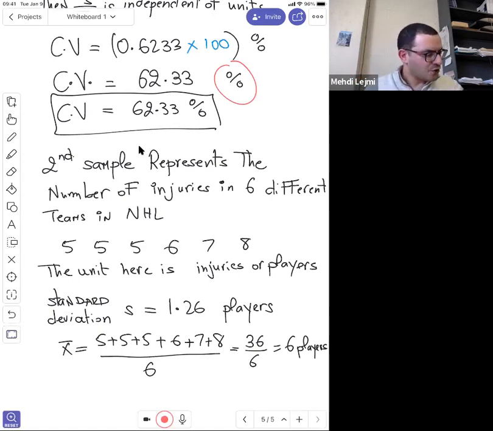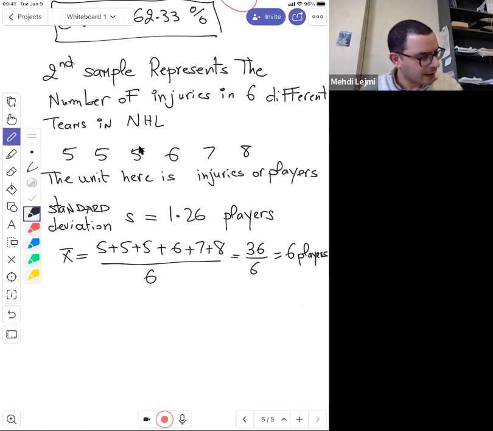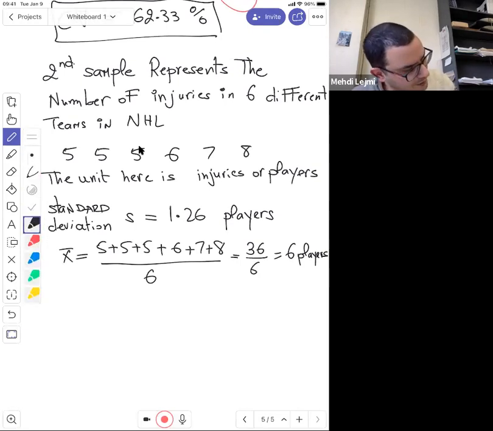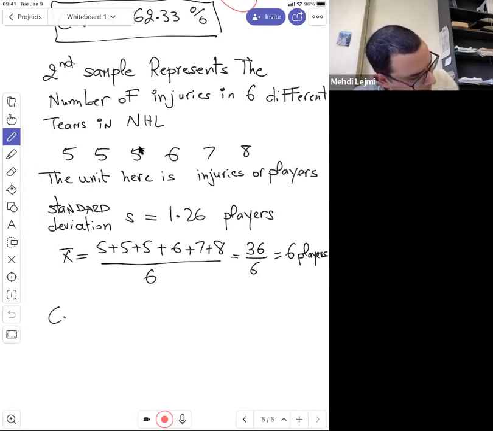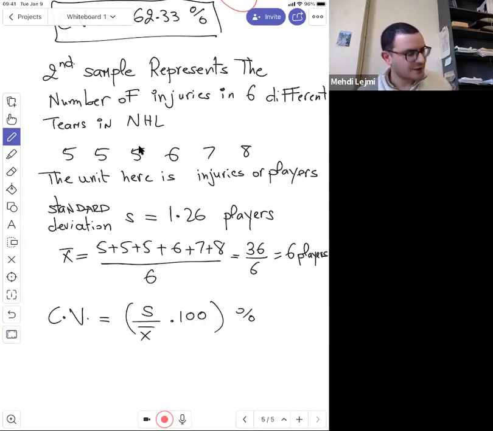Now, what will be the coefficient of variation in this example? The coefficient of variation, CV, is just S over X bar. Divide S by X bar, and then we multiply by 100, and then there is a percent, because the coefficient of variation is going to be a percentage, right?